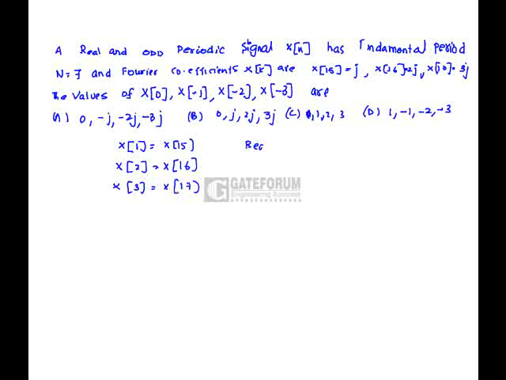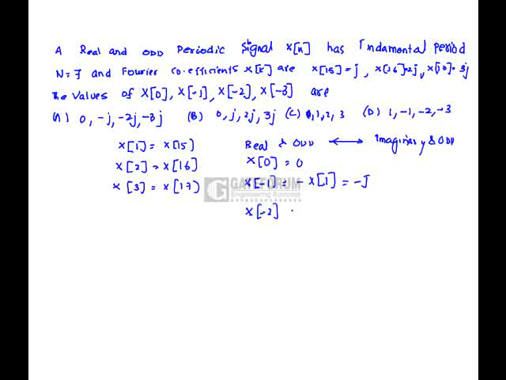But here in the time domain it is real and odd, so in the frequency domain it is going to be purely imaginary and odd. So X of minus 1 is going to be minus of X of 1, which equals minus j. X of 0 is going to be 0.